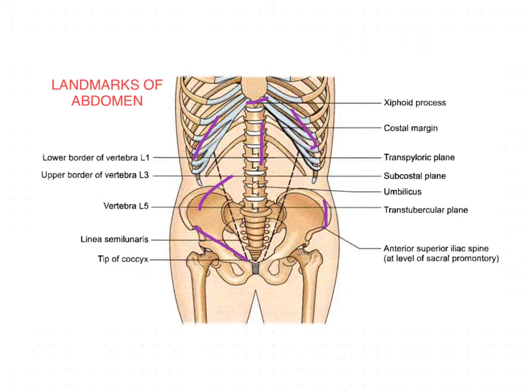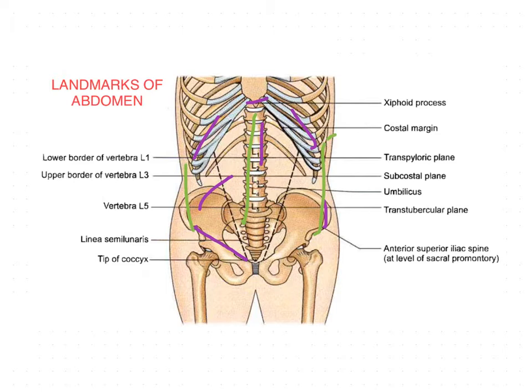So this anterior abdominal wall covers both the anterior side as well as the lateral sides. And the next section is the posterior abdominal wall.